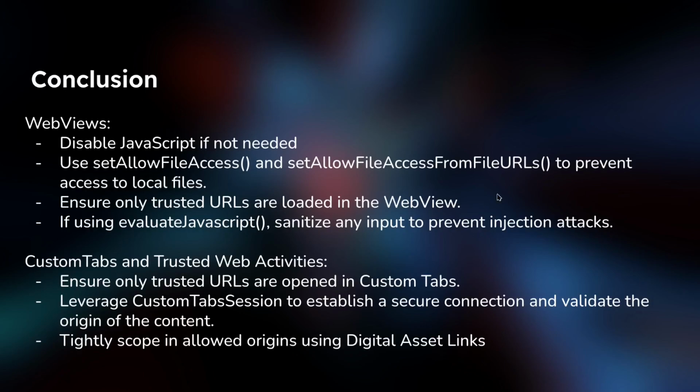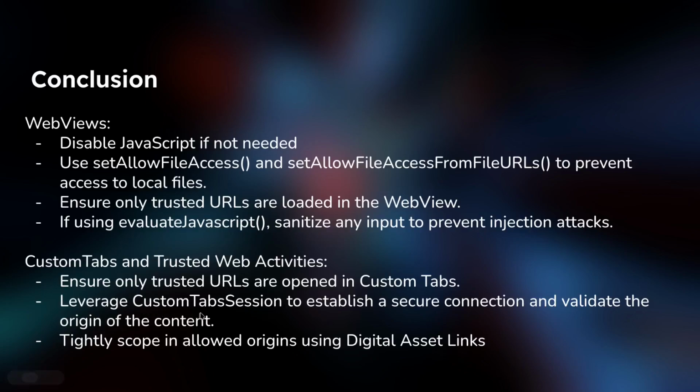Make sure that only trusted URLs are being loaded. Again, some of these vulnerabilities were really only a big deal because we could pass an arbitrary URL and get it opened as a WebView or a custom tab. If you have to evaluate JavaScript, make sure you're heavily sanitizing the inputs to avoid cross-site scripting and related injection attacks, things of that nature. As far as custom tabs go, again, only trusted URLs.